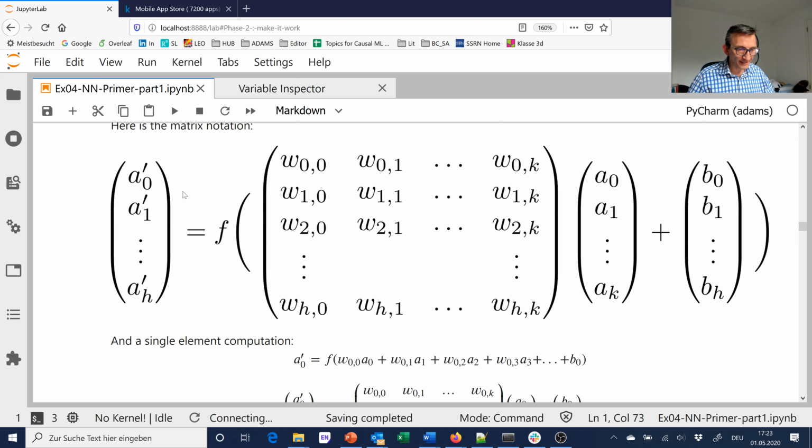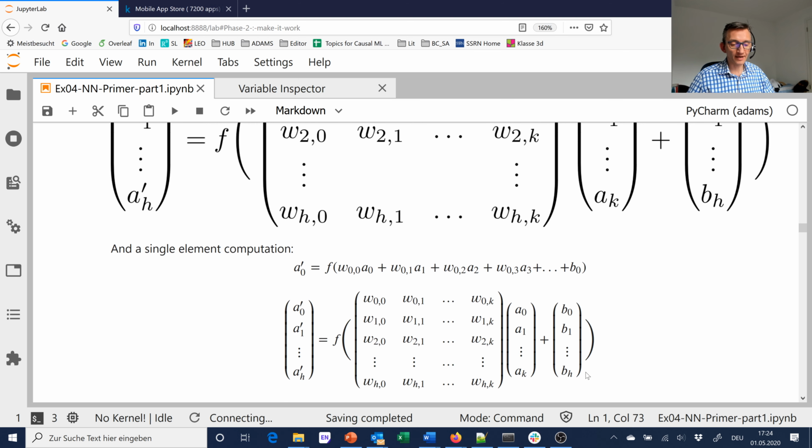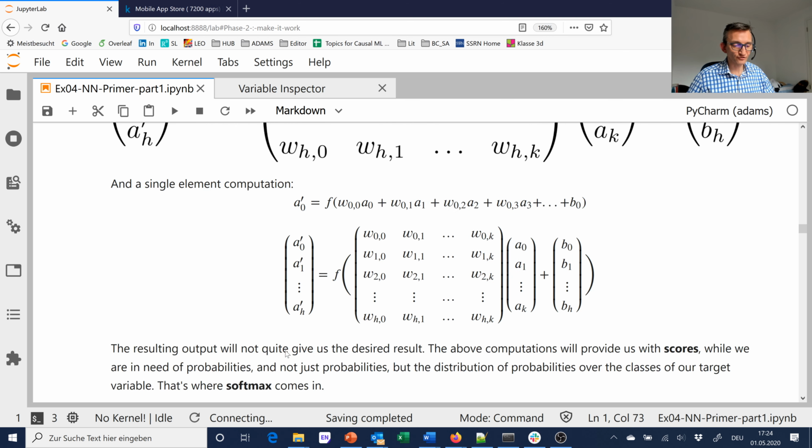This is why we have this picture here, so that you remind yourself, okay, we have this combination of linear algebra, weights times inputs plus biases, and then add some nonlinearity to it to obtain a structure of latent features, which here would be our A prime. From these latent features, we would then derive a forecast by feeding them through another bunch of weights, adding biases, and applying another activation function.